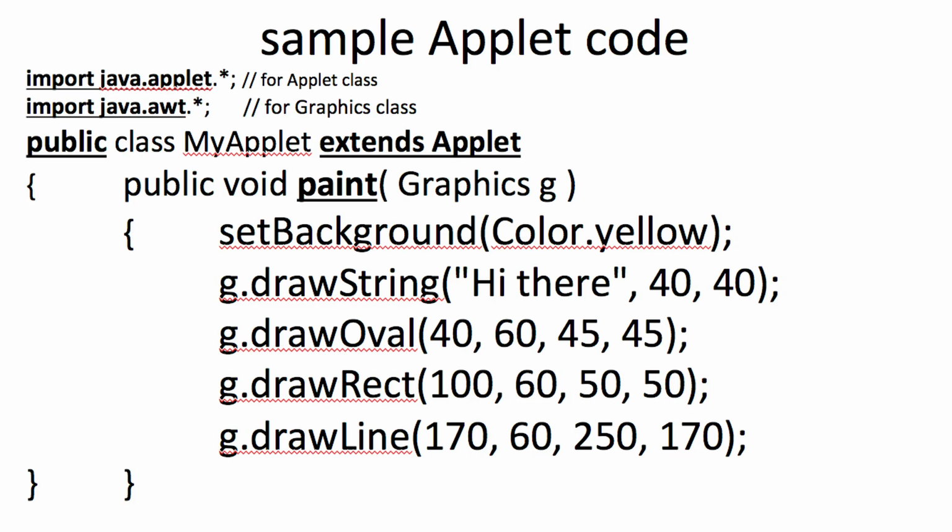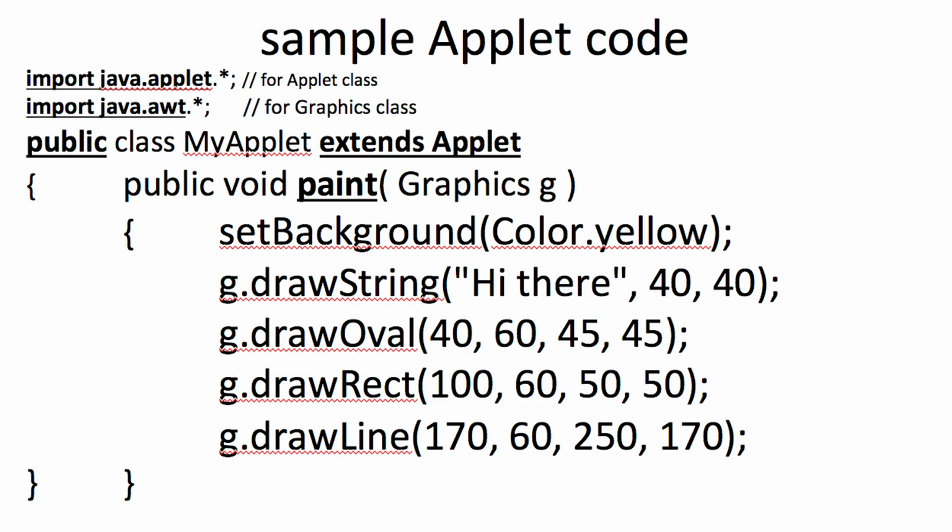Now, the third line, drawOval from 40, 60 position with 45, 45. So here in the output, this is the oval, from the 40, 60 coordinate with 45 and 45. Then we have mentioned drawRect, the rectangle. Here again we will use 4 coordinates, 160, 50, 50.